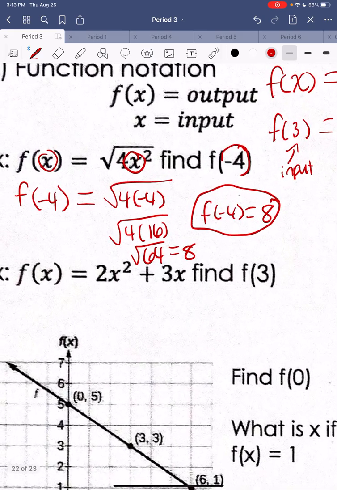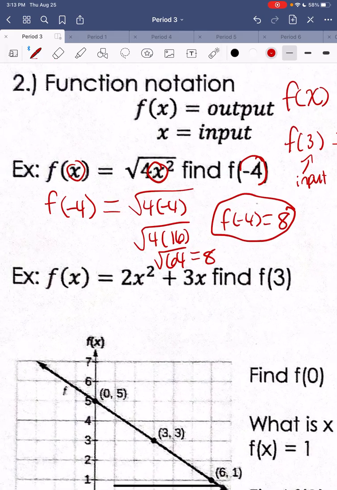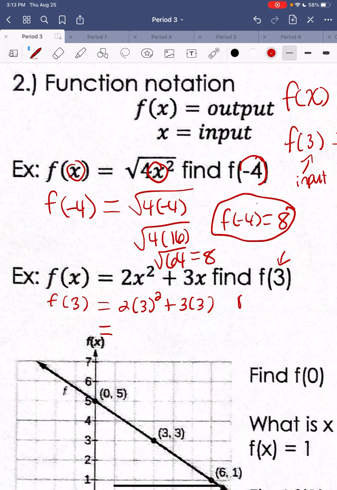Let's try the next one. If you're trying this at home, I would definitely pause and try this ahead of me to see if you plug it in correctly. But this means input 3 wherever you see an x. Again, we're going to follow that order of operations.